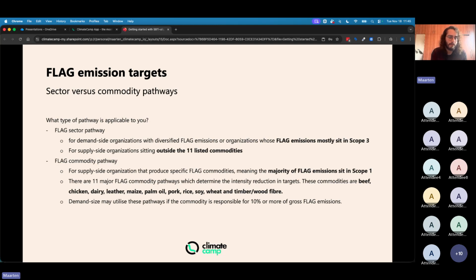And the 11 major FLAG commodities are beef, chicken, dairy, leather, maize, palm oil, pork, rice, soy, wheat, and timber or wood fiber. So these are the commodities that follow a different pathway under FLAG. Demand sides may utilize these pathways if the commodity is responsible for 10% or more of their gross FLAG emissions. So that is the exemption for demand sides.